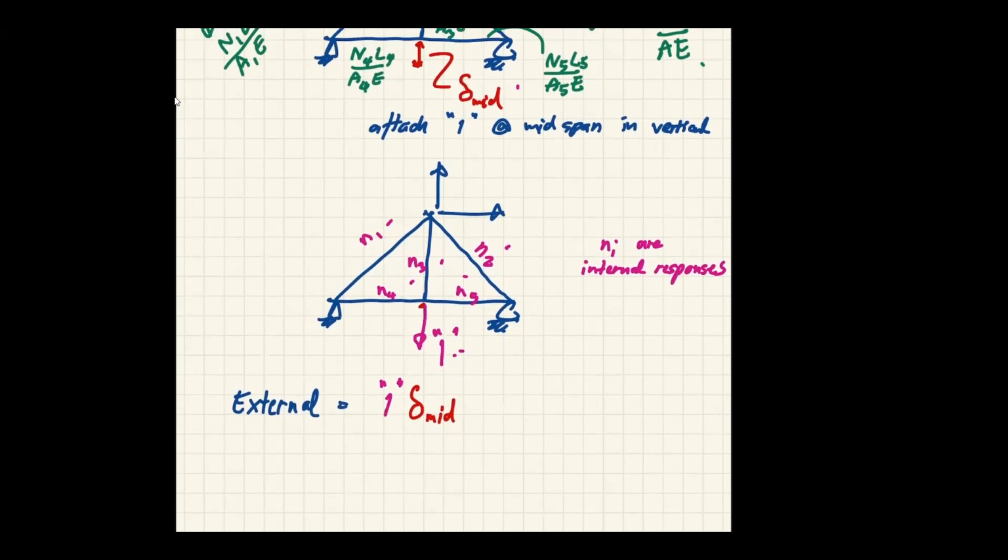So for internal energy of member N1, you're going to have the energy equal to the force N1 multiplied by the distance that it travels. So it becomes N1 L1 over A1 and E. That is now the internal virtual work done by member number 1.